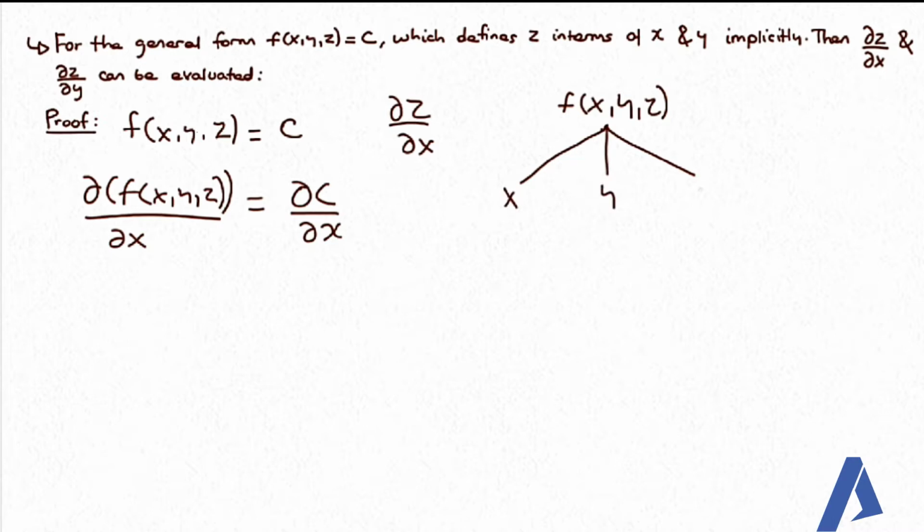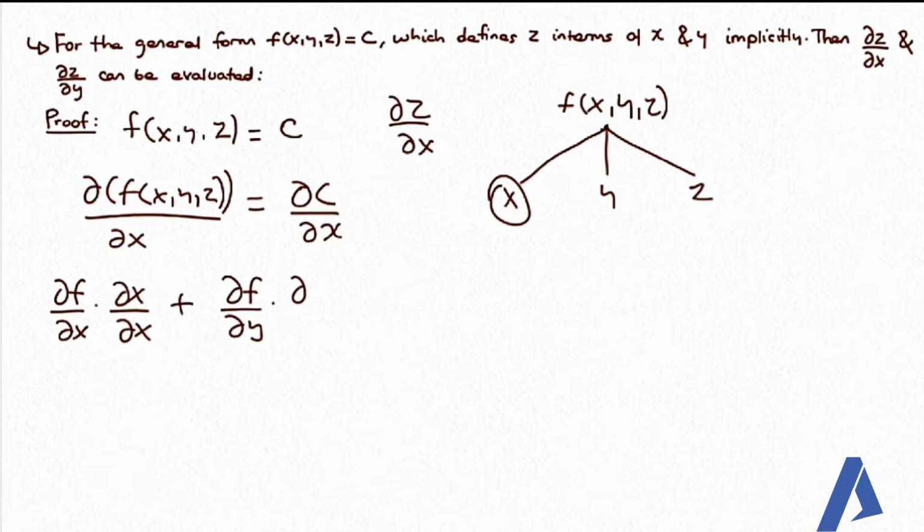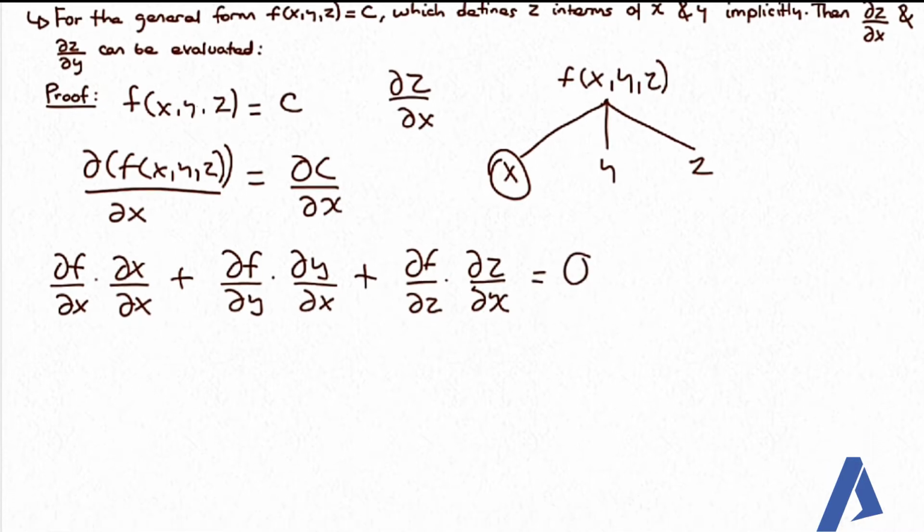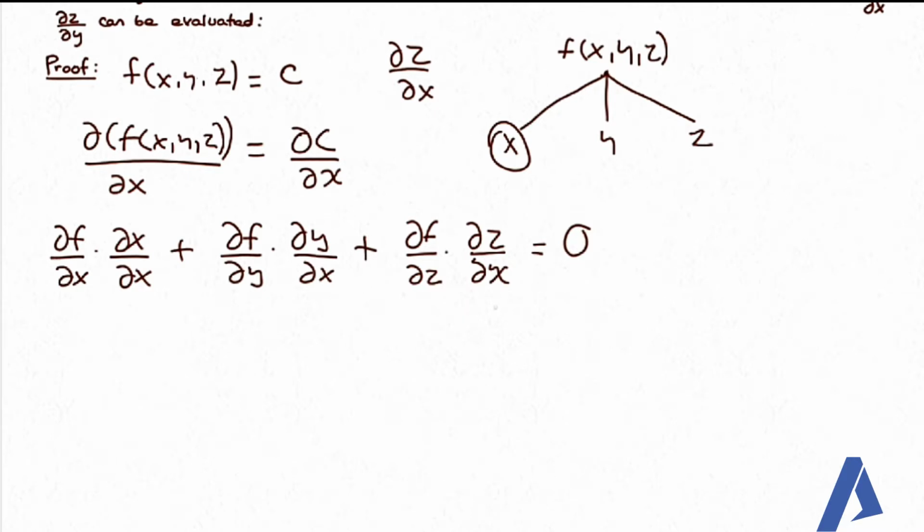Chain rule ለምንጠቀመው። ስለዚህ if we let x be the independent variable, chain rule ስንጠቀም this is the same as saying del f by del x multiplied by del x by del x plus del f by del y multiplied by del y by del x plus again del f by del z multiplied by del z by del x is equal to 0. ስለዚህ ይህን ኤክስፕሬሽን እንደምናየው del z by del xን አስቀምጦልናል። ስለዚህ አሁን ይሄንን እንዴት ነው ለብቻው የምናወጣው?